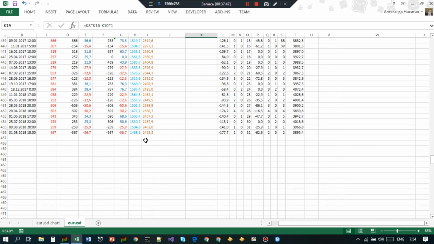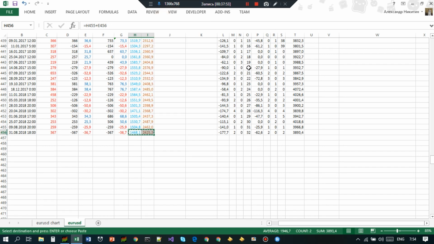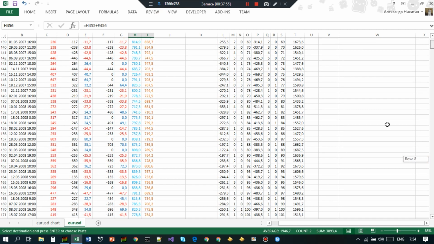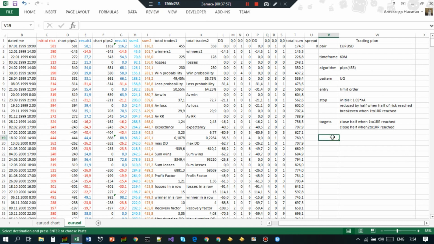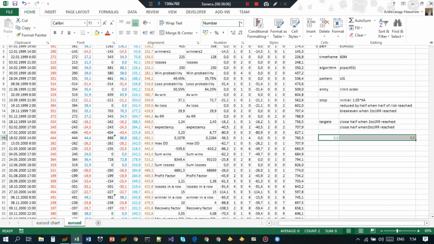So let me calculate the overall numbers. The spread adds, I'll do it this way. I'll just copy, I'll just go here, and I will, oh come on, what is it? I need to format cells as numbers.